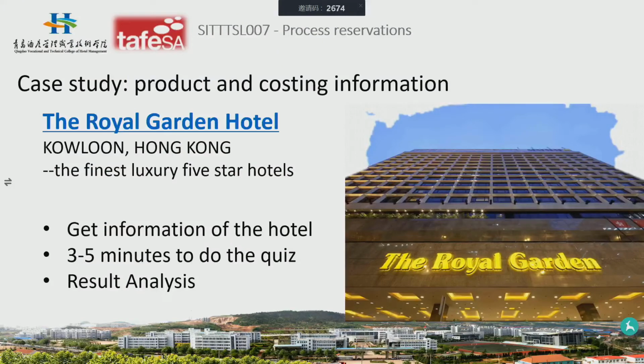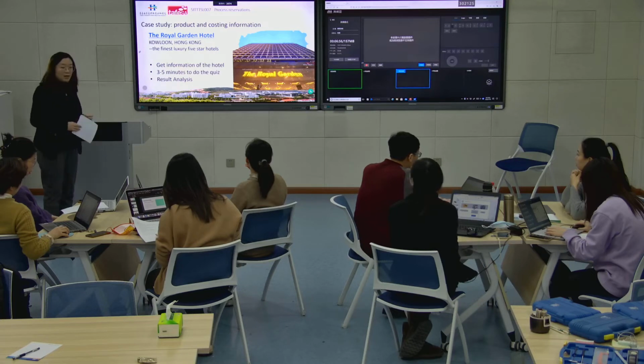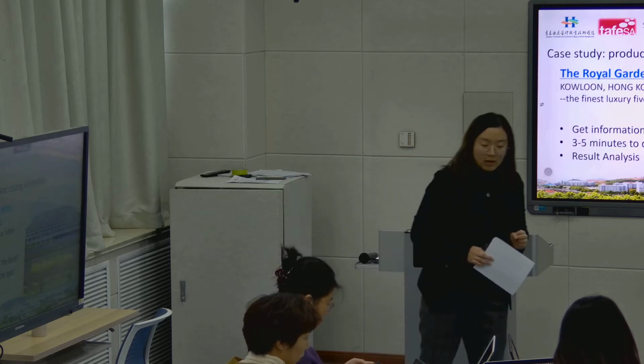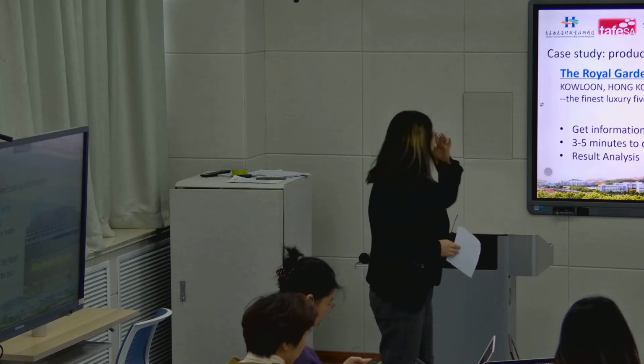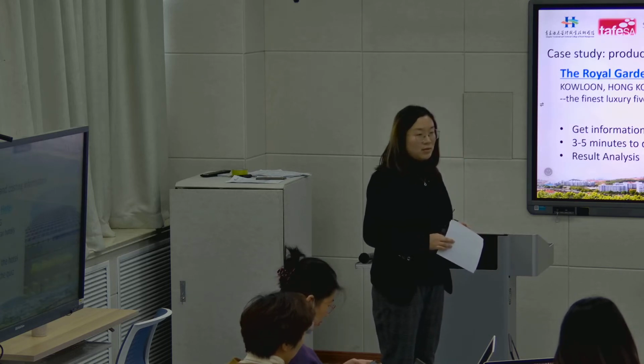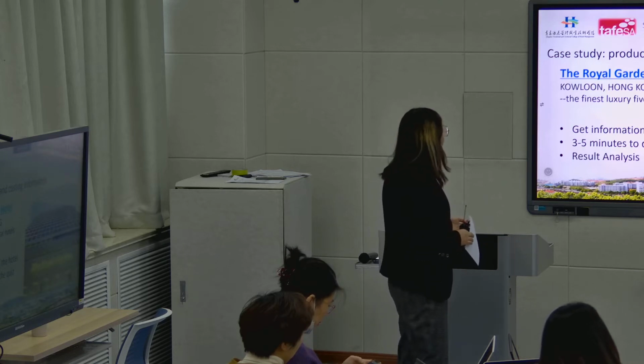And let's begin the body of this session. The first part is the case study. You can log on to the 课堂派 software using your computer or cell phone. Log on and find the materials of the hotel, the Royal Garden Hotel.